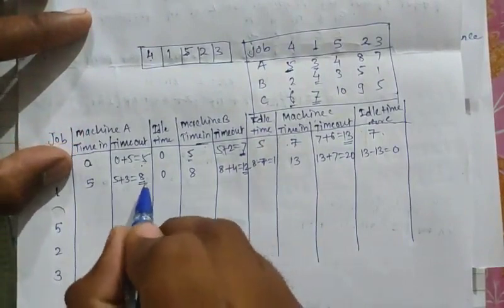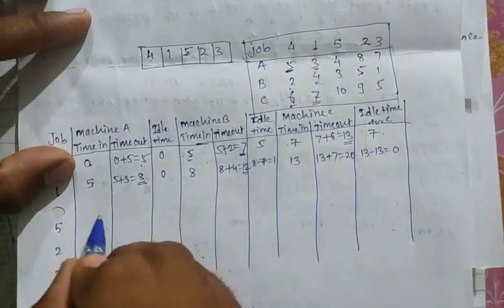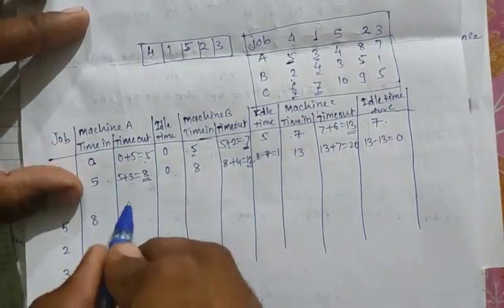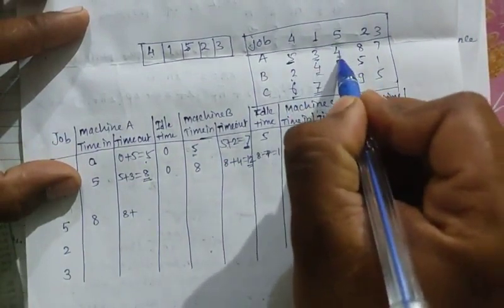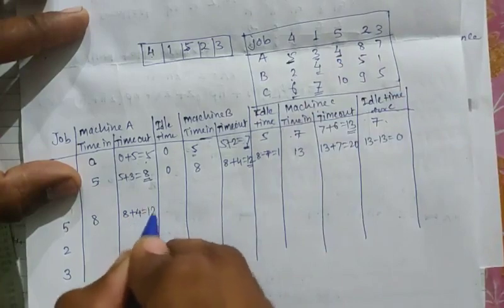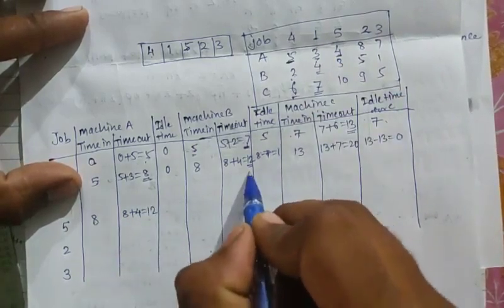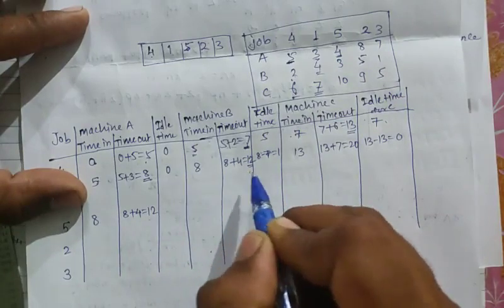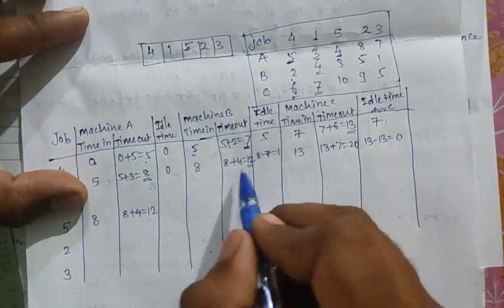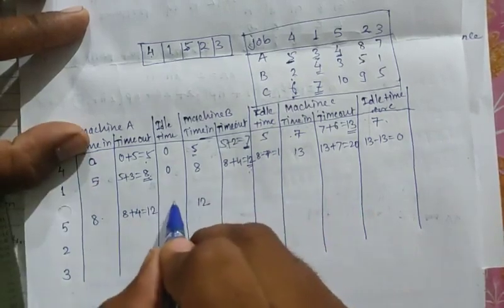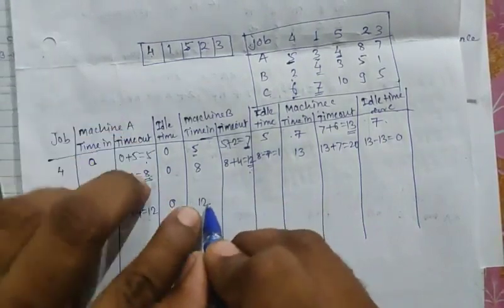The time out of the first job is the time in of the next job, which is 8. So 8 plus 4 for machine A is 12. The time out on machine B is again 12, so both are the same and we take 12 directly. The idle time is 8 minus 8, which is 0. Now here 12.